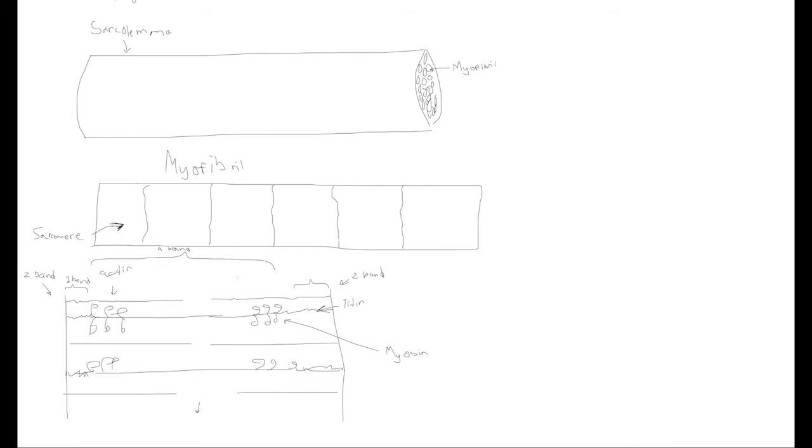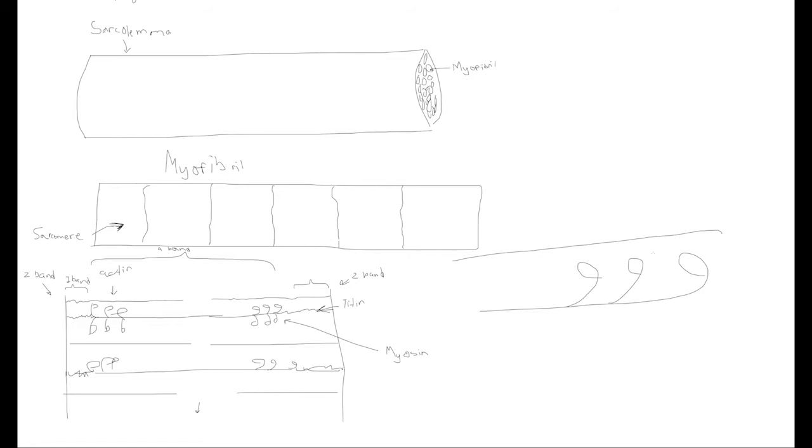But how does this actually work? Well, myosin and actin actually work together. So I'll zoom up. Say this is the right side. So this is what the myosin protein looks like, sort of. Not exactly, but this is just to give you an idea. And then your actin would be over here.